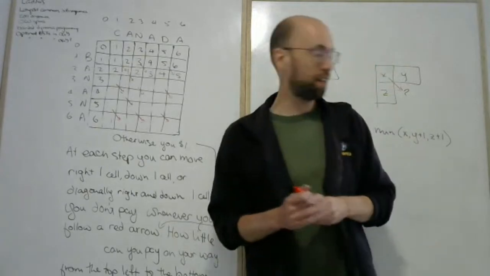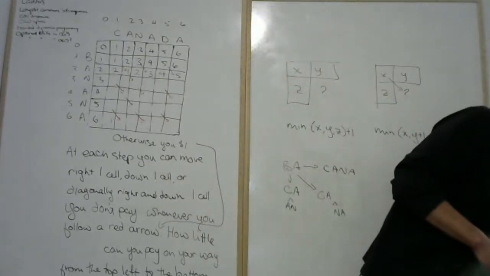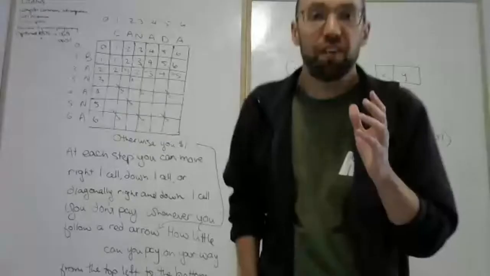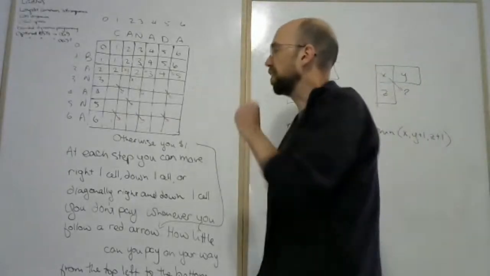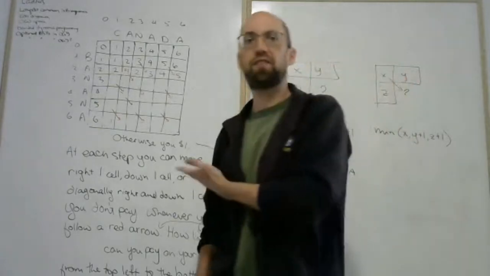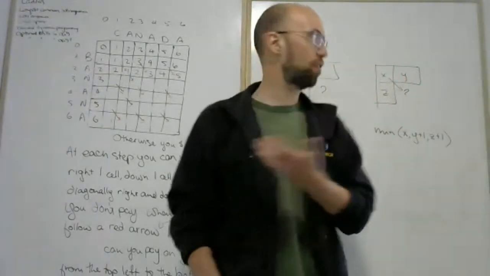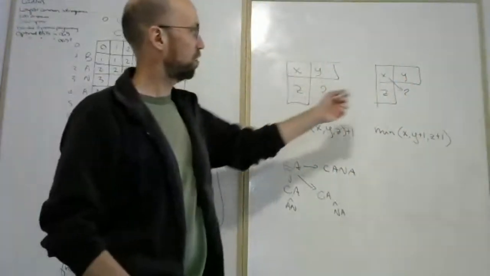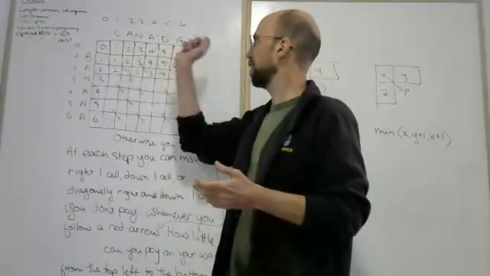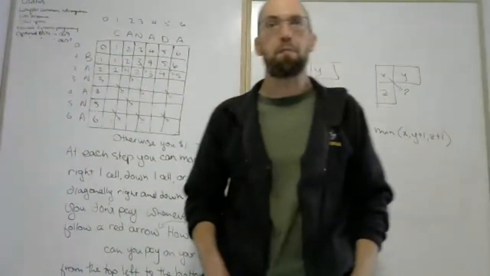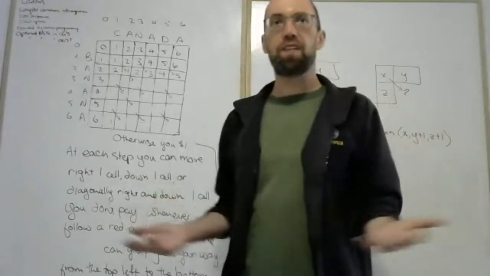So it's not known how to do this. So how long does this take? Each of these steps is pretty easy. But if I give you a string of length n and a string of length m, how big is the matrix?